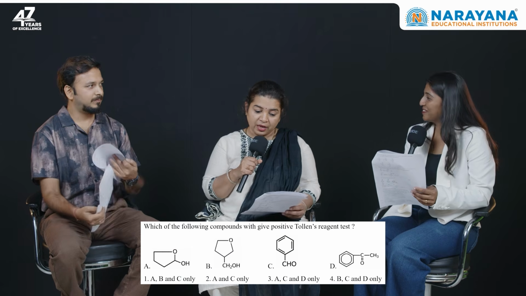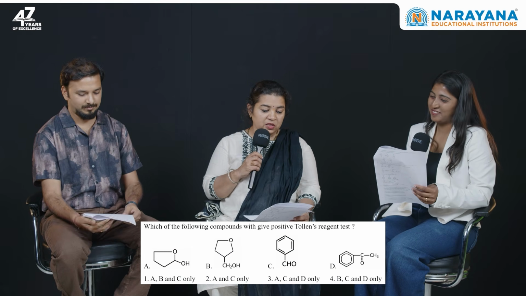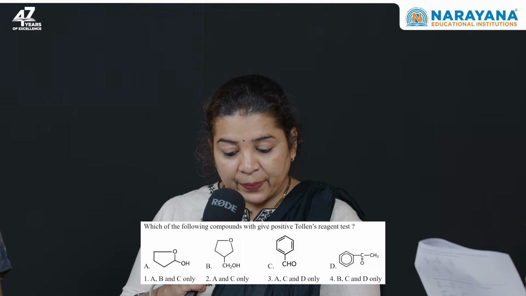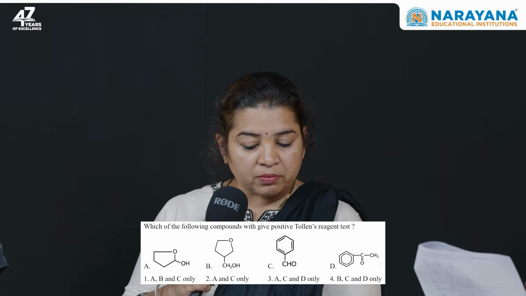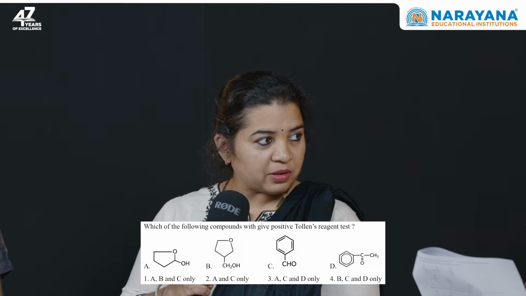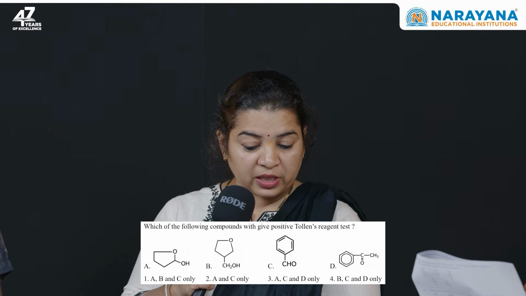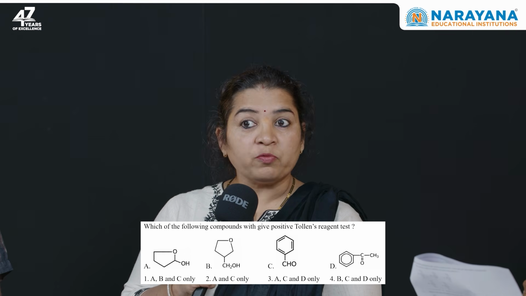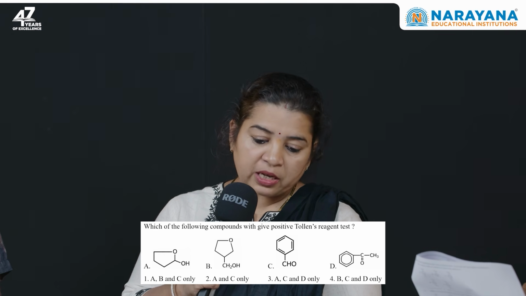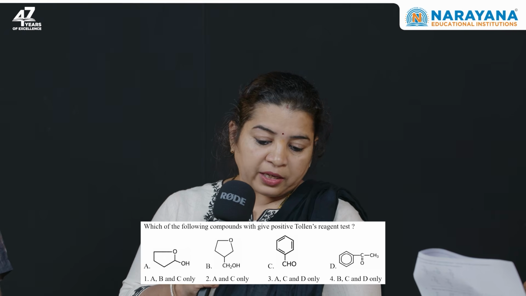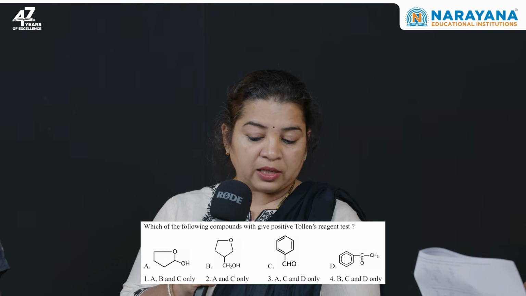Again organic. Question number 6, Tollens' reagent. It was there the day before yesterday also. But if you see, there are 4 options, and the options they have to mark are A, C only. So it is a more than one correct question. It is time taking. One has to think about option A sincerely, and only then can they reach the answer correctly.